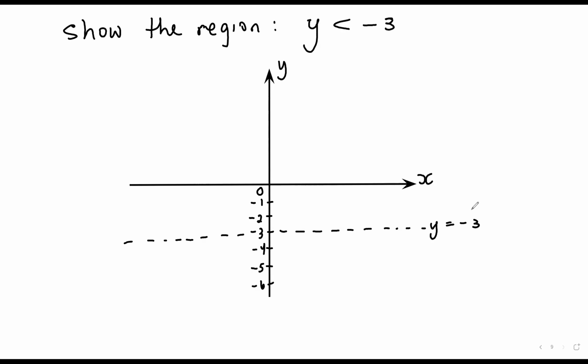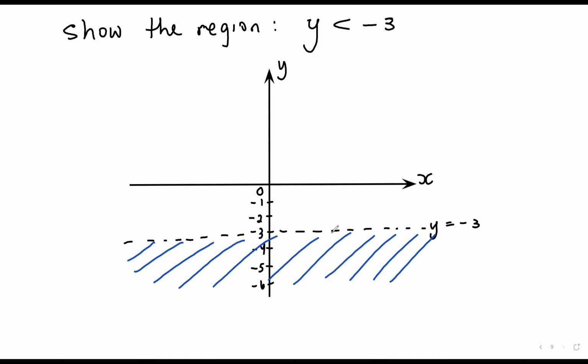And the region that satisfies the inequality y is less than -3 is below -3, because all of these numbers are less than -3. So this is the region here, y is less than -3. Right, guys? So that's how you would show the region.